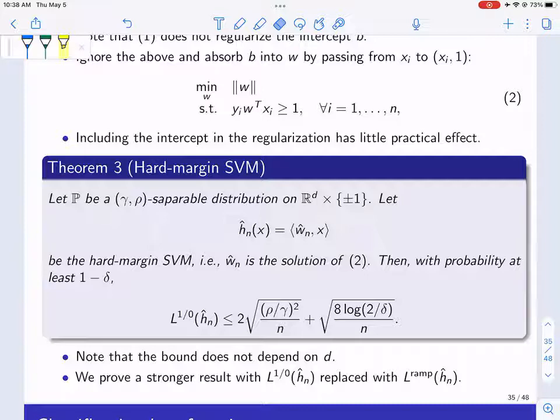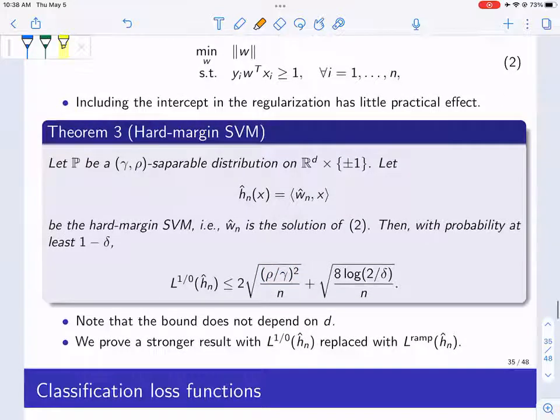You can see that instead of the d that you're used to paying, you're now paying rho over gamma squared. So if rho and gamma are fixed, then this just goes down like 1 over root n, independent of the dimension. In fact, what we're going to show is this with the loss replaced by a bigger loss, like the ramp loss, which gives you a stronger result, an upper bound on the L01 loss.